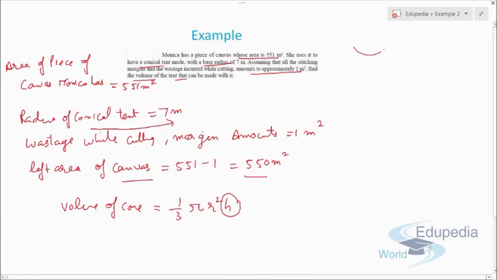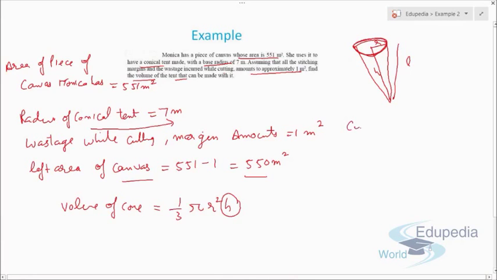Let's say we have a cone like this, and this is radius r, and this is h, and this is L. Now when you draw a canvas tent, conical tent, the base is always empty. We need not cover the base.